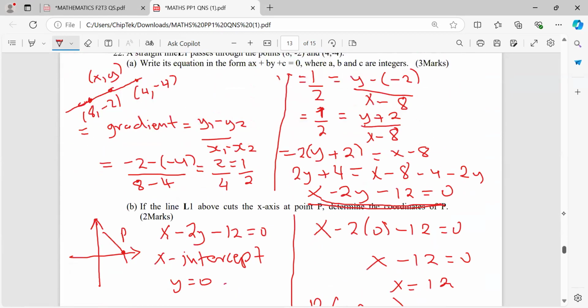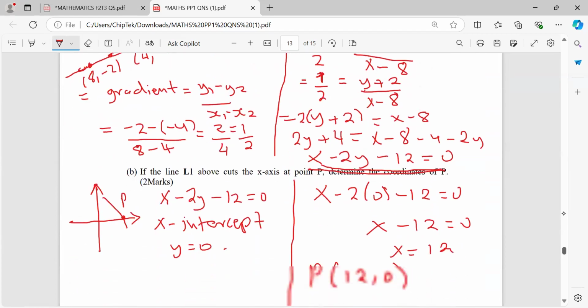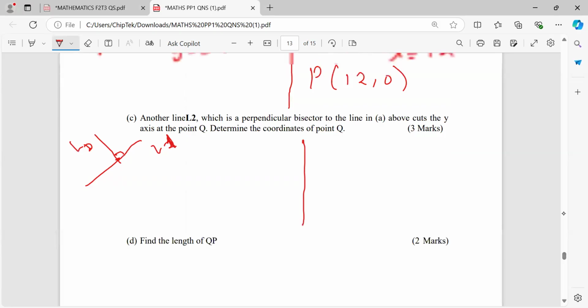So mwanzo tutafaa tujue hiyo gradient ya ile L1 tunayotafuta, but ni rahisi. So L1 ni x minus 2y minus 12 equal to 0. Wajua gradient, yani equation lazima iwe ni y equal to mx plus c.